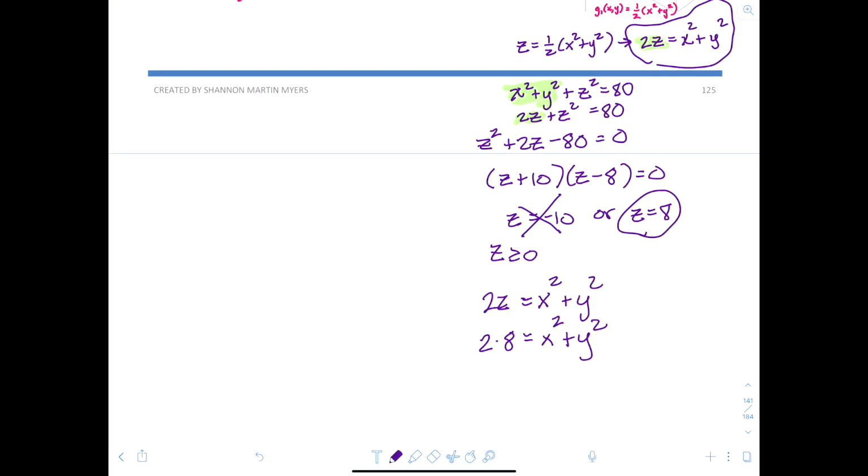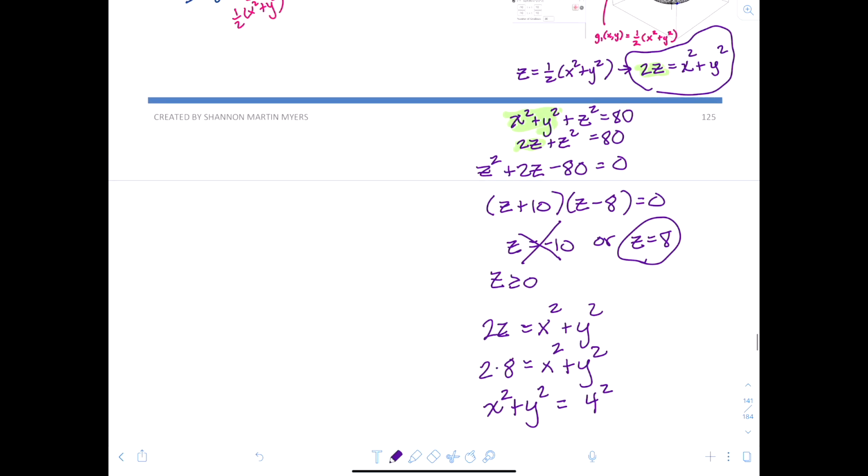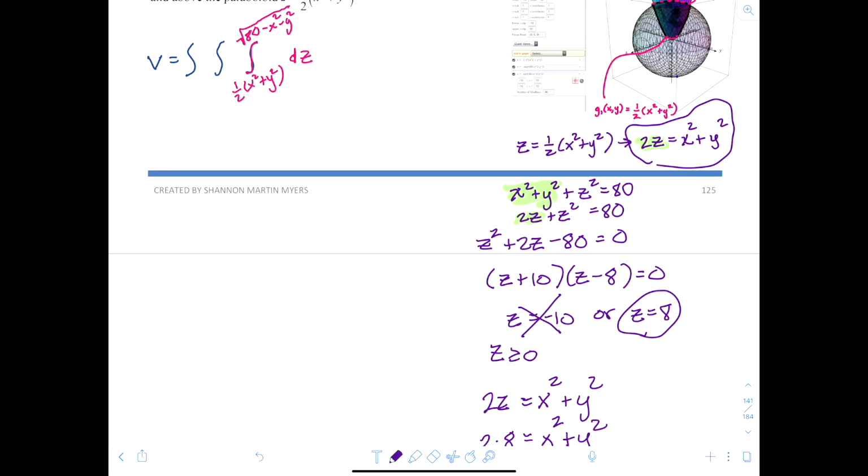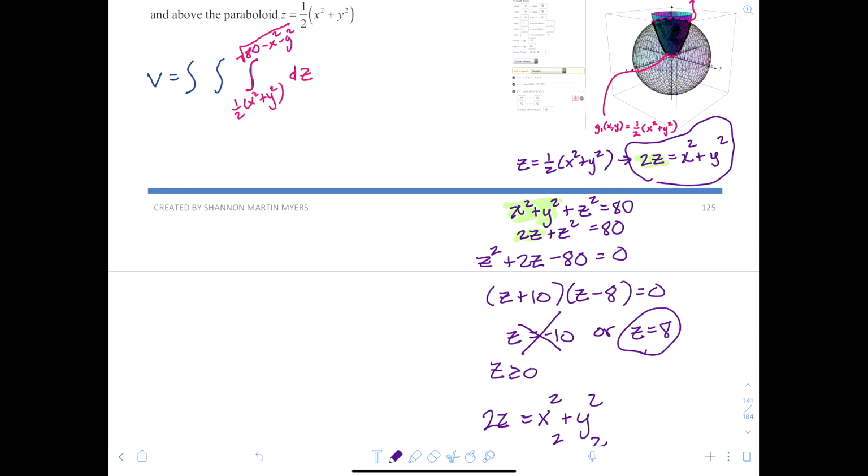So we will get x squared plus y squared is 16, which is 4 squared. So you basically have a circle with radius 4 in the xy plane where we connect with z here.